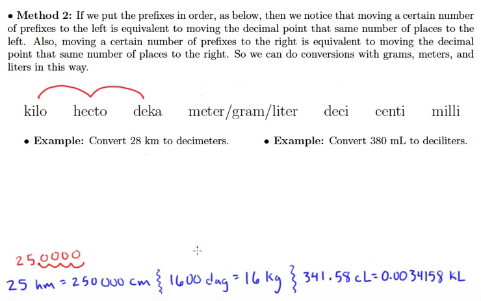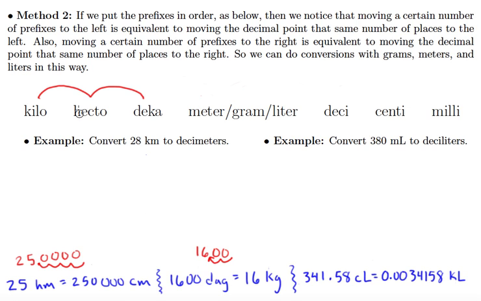Well, if you take 1,600 decagrams, notice that what you end up doing is going 2 places to the left of where the decimal was in decagrams to get to the 16 kilograms. Okay, so again, I moved the decimal place the same number of places as I jumped spots in the chart, and of course also in the same direction.